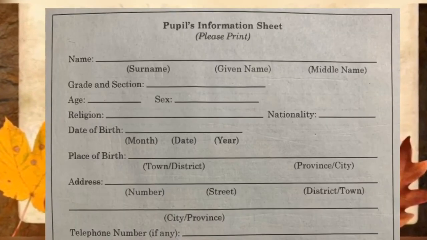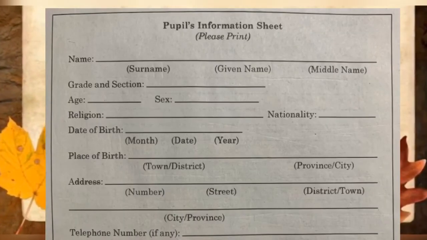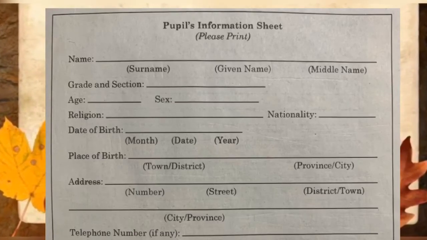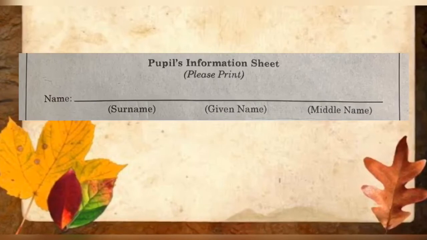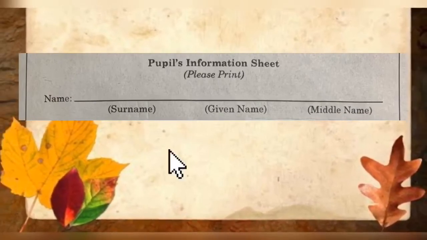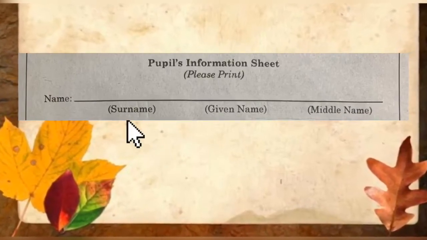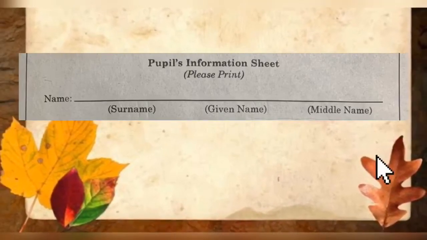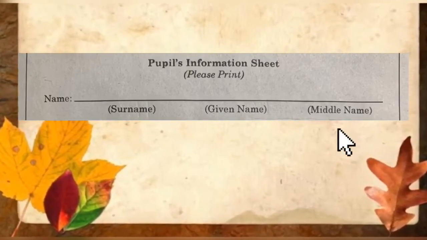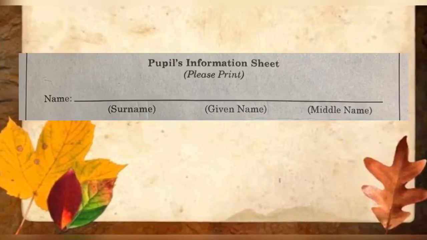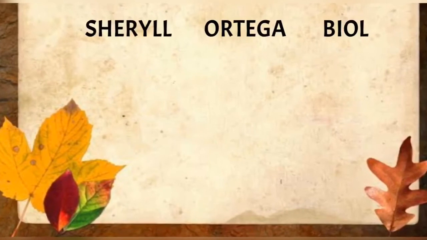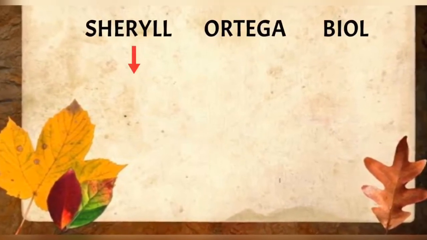Now let us have this form, Pupils Information Sheet, which is commonly used in school. As you notice in this form, we can see that surname comes first before the given name and the middle name. Now let's take for example my name. My name is Cheryl Ortega Biol.